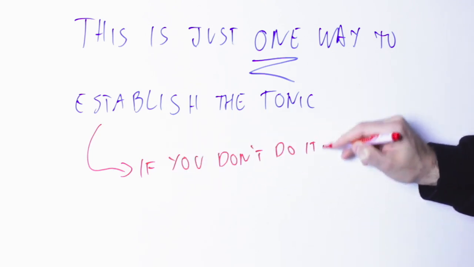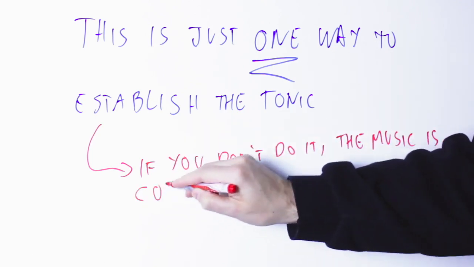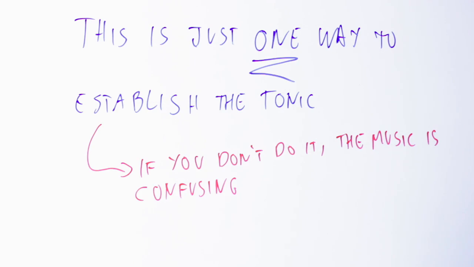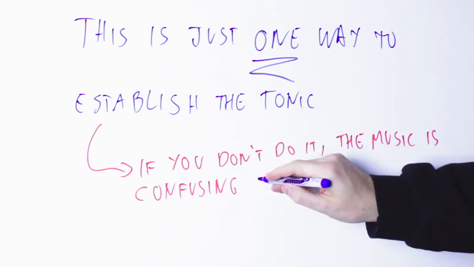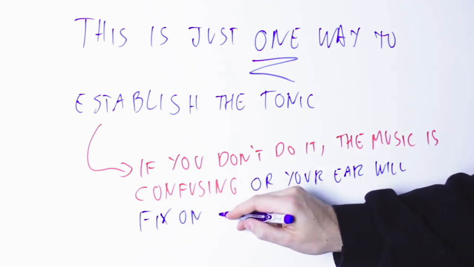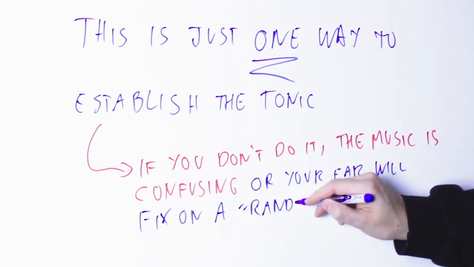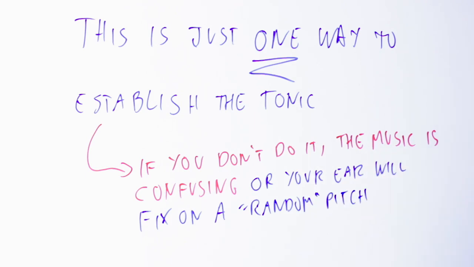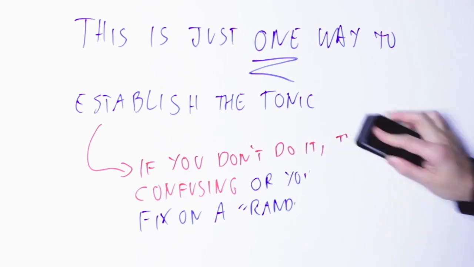scope of this video. An important thing here is that if you don't establish the tonic in the ear of the listener by doing something like starting from a specific chord, then the listener will be confused by your music simply because they cannot understand your music if they don't have a reference point, if they don't understand which pitch is the tonic.